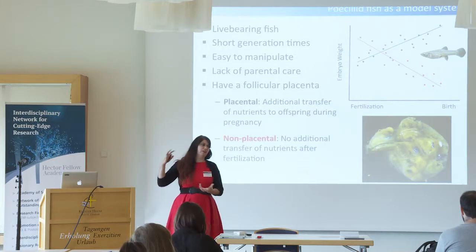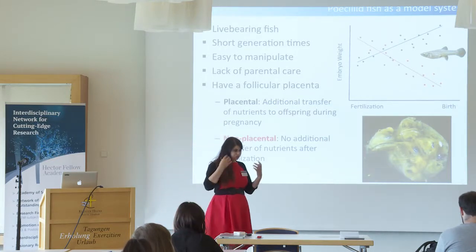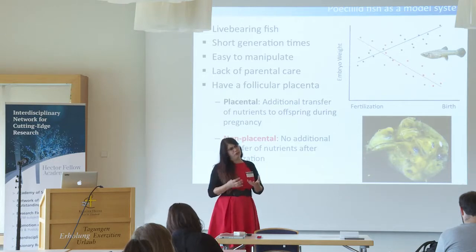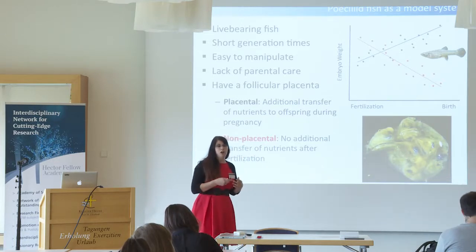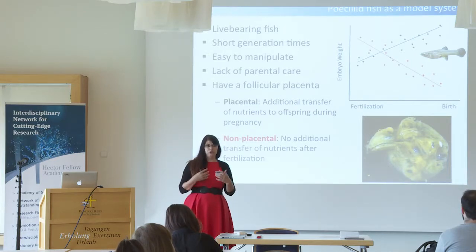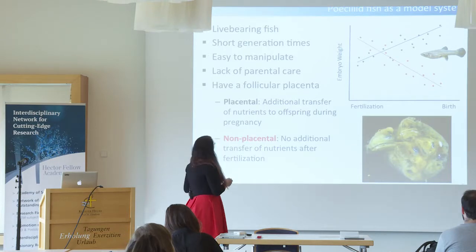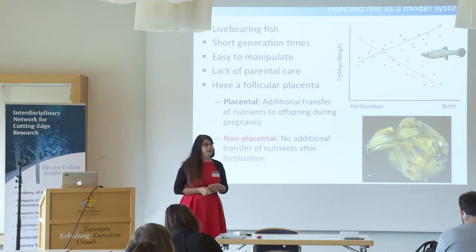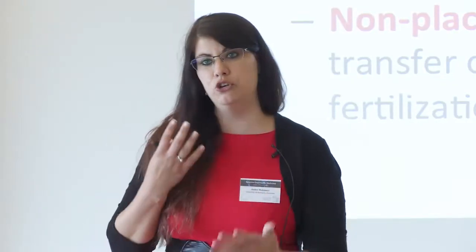So what they can do is pack a bunch of environmental cues into this yolk, and then fertilization occurs. But the offspring only uses that which is in the yolk to sustain itself during development. So you have a large ova, and then it decreases in size at birth. We have these two different systems found across the entire family of fish, so now we can look at the evolutionary perspective across different species, which is really, really cool.